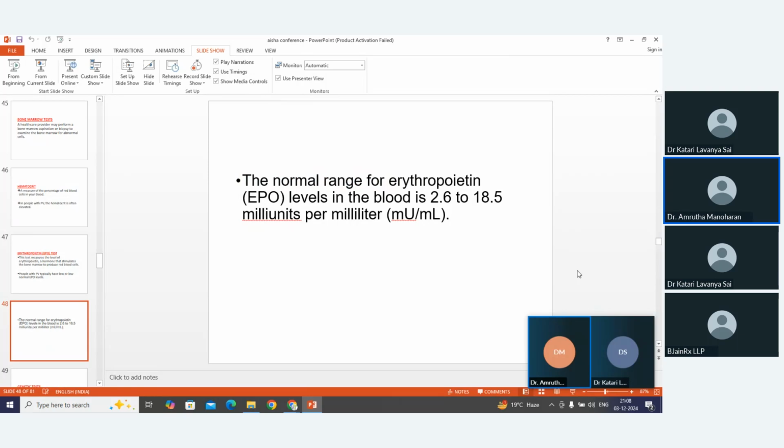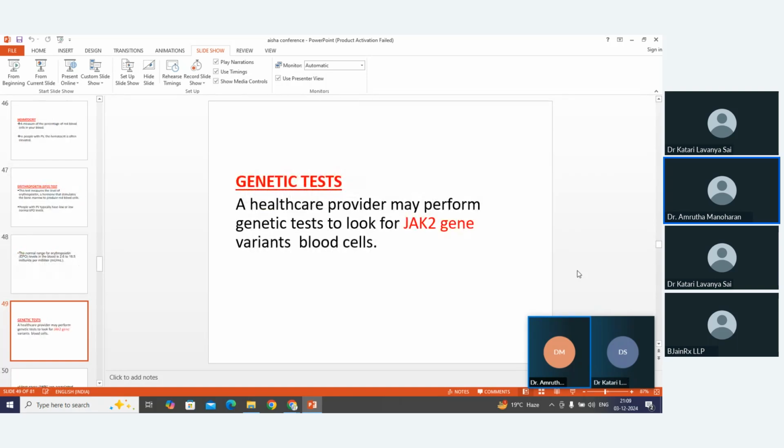The next important one is the genetic test that we already said. The JAK2 gene is tested to see whether any mutation is there. In 95% of cases, a JAK2 gene mutation will be there. Regarding pathogenesis, when a mutation occurs on the JAK2 gene, there will be constitutive activation of the JAK2 gene, and this sharply lowers the dependence of hematopoietic stem cells on growth factors.